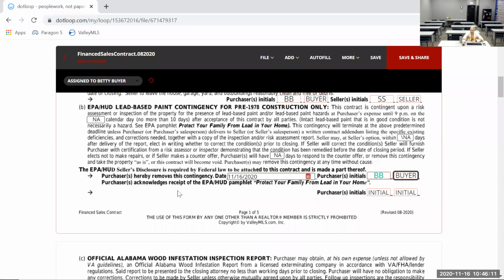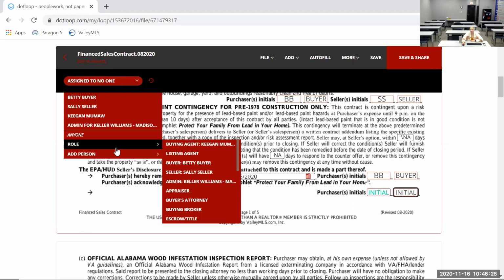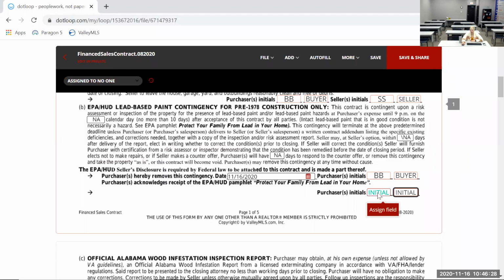If it's pre-1978, they would initial the bottom one. Dotloop does have a glitch, and you will have to go in here and manually select no one to sign right here. And then you will have to select your buyer to sign right here. Okay? So if it is post 1978, they initial the top one. Pre 1978, they would initial the bottom one.